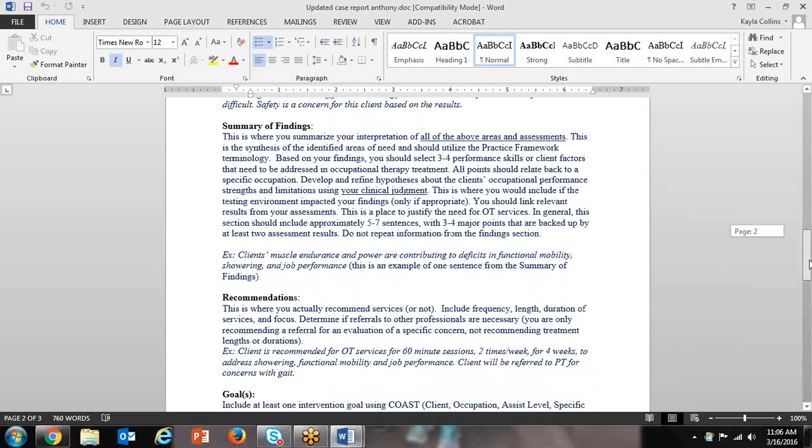For summary of findings, this is where you're going to collect all of the information you just wrote in the interpretations, and you're going to pull it together to create a picture.